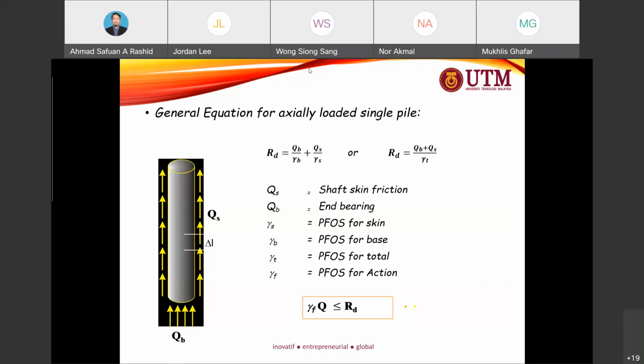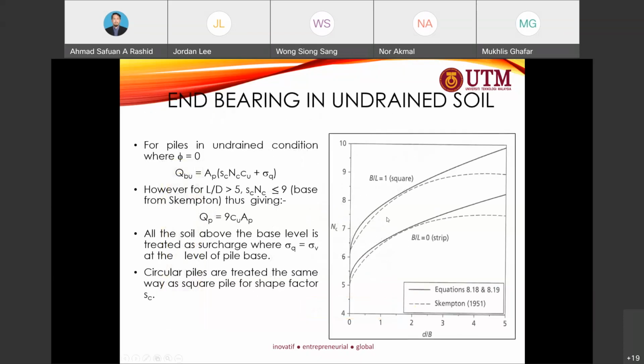So this is the formula for the pile under skin and bearing in undrained condition. Undrained, as we have discussed previously, is for clay material, because in the previous discussion they differentiate between sand and clay.